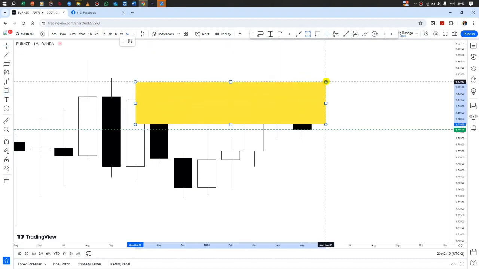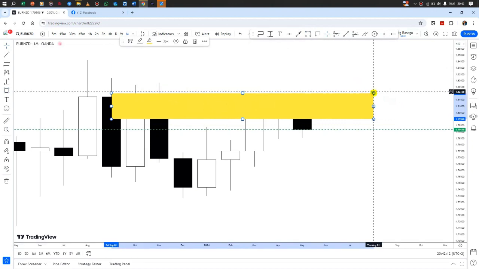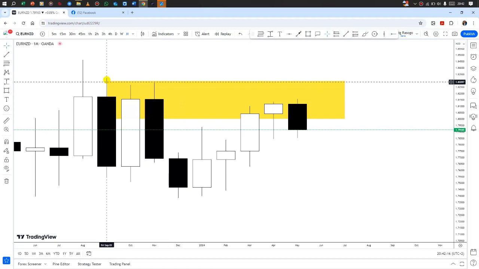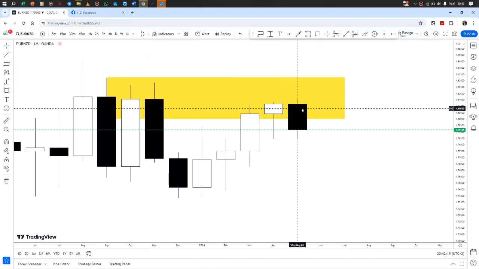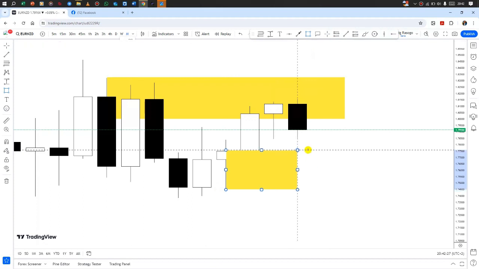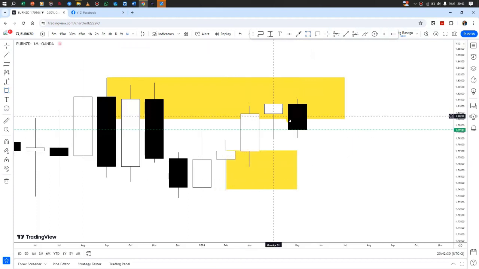We'll see on the weekly time frame what's going on around this area. As you can see, there's been rejection to the downward side. We can change our perspective when the price reaches this hidden monthly demand zone here, but for now we are bearish.